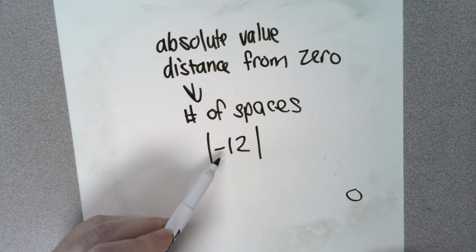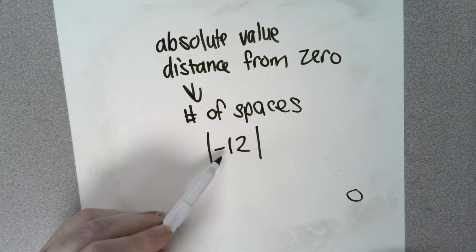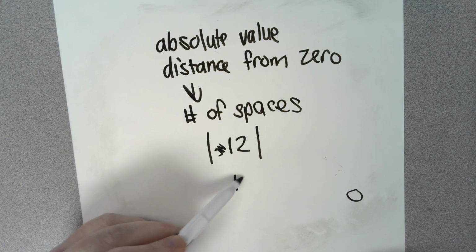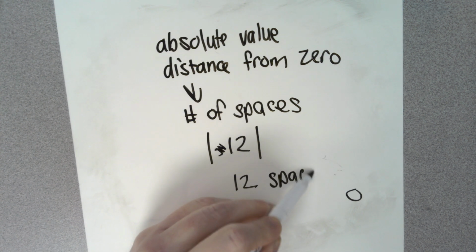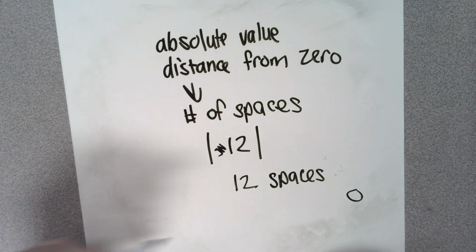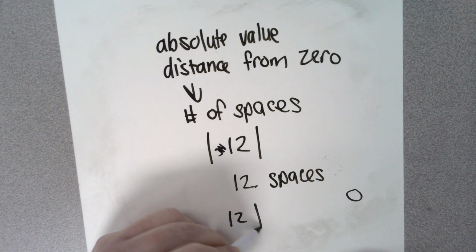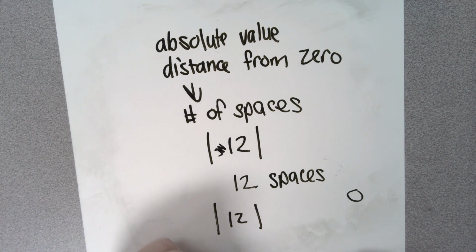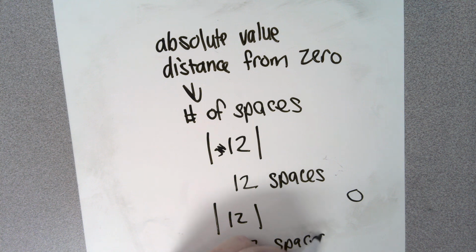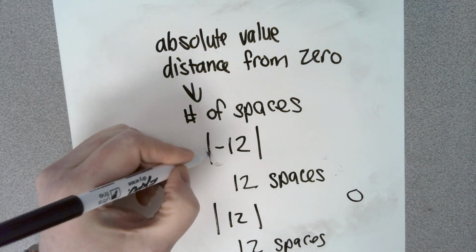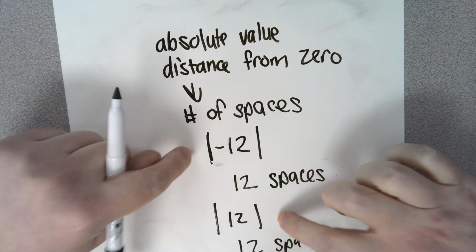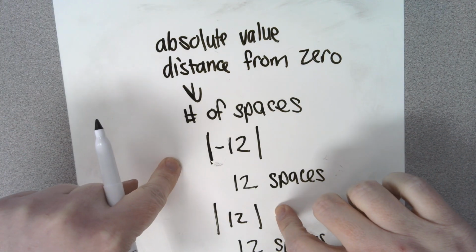So if you see a negative symbol, you just check it, because the number is 12. You are 12 spaces from 0. So if you put a positive 12 inside the brackets, you are still 12 spaces from 0. So the negative and the positive are the exact same when it comes to absolute values.